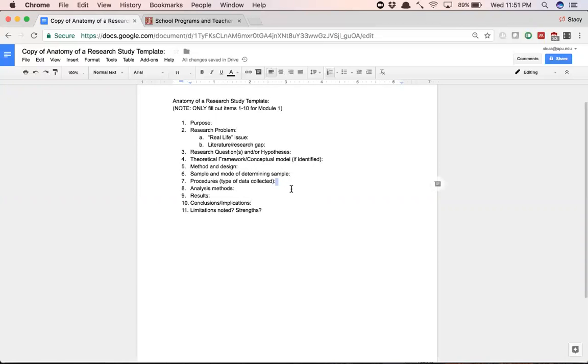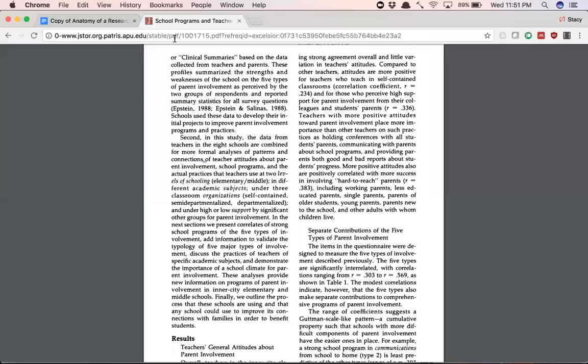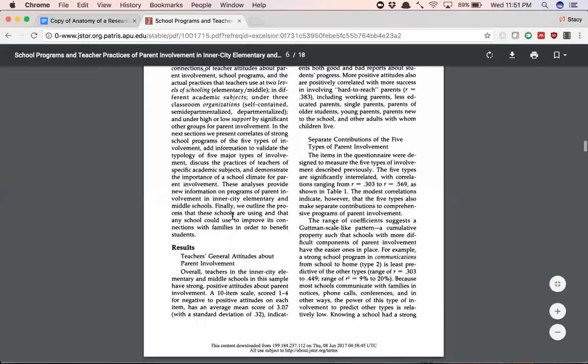We already have the sample. The procedures had to do with a summer training, a survey that was given, and then an analysis. Now, the analysis has to do with a correlational analysis.